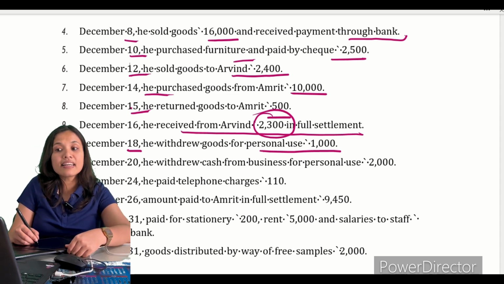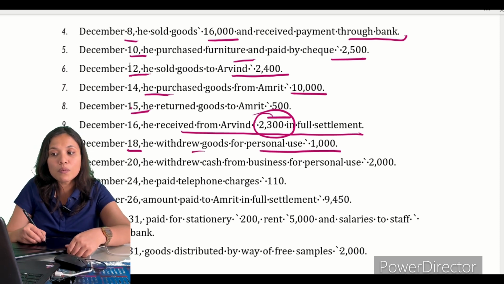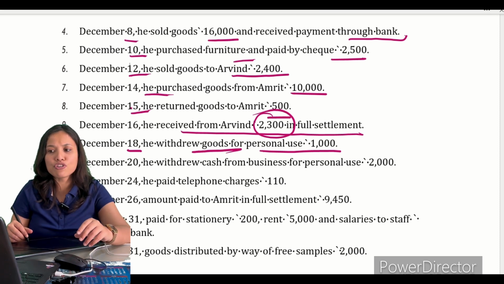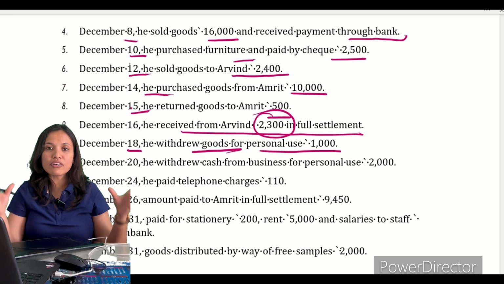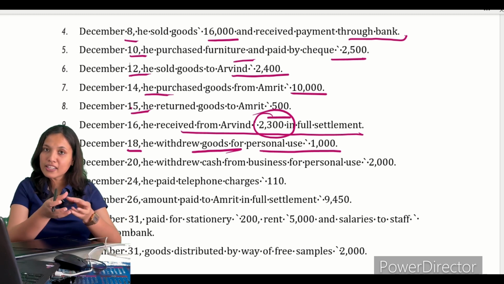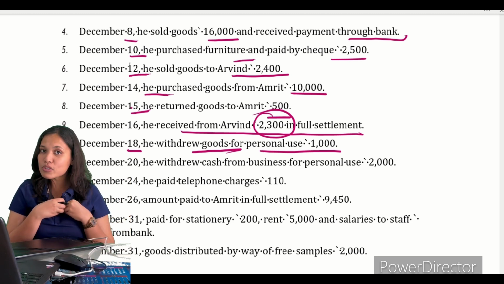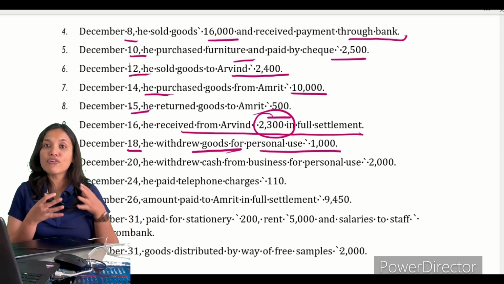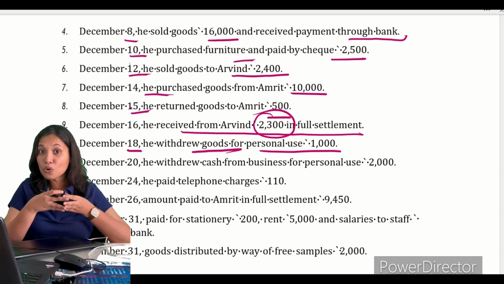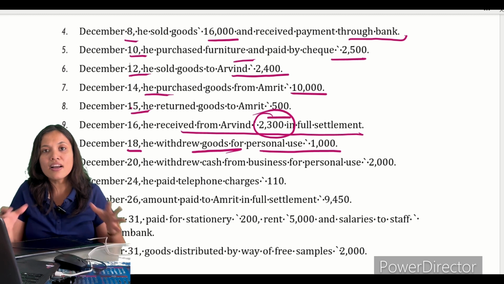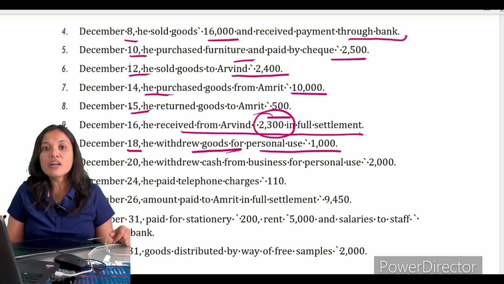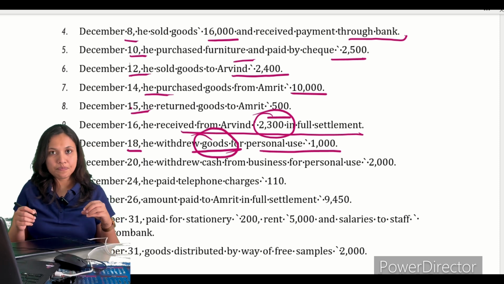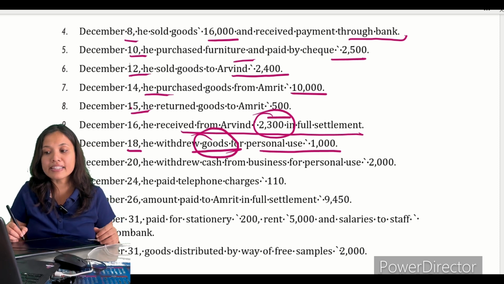But what is he taking for personal use? He's taking goods for personal use, because we have a shop. Many times, because it is our own cosmetic shop, we can use some products for our personal use also. In the same way, this proprietor is also taking some goods for his personal use. Now whenever we get this word goods taken, which account must be credited?